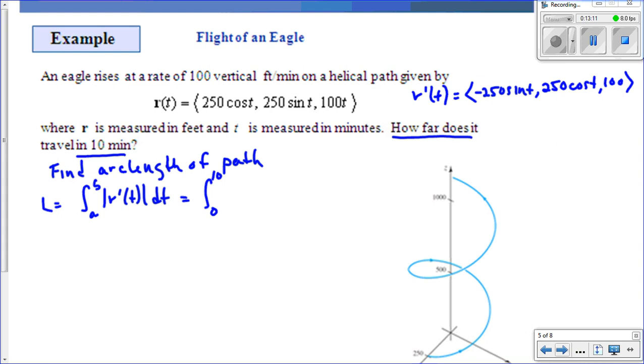So the magnitude of that velocity function, which is its speed, will be the square root of 250 squared sine squared plus 250 squared cosine squared plus 100 squared.